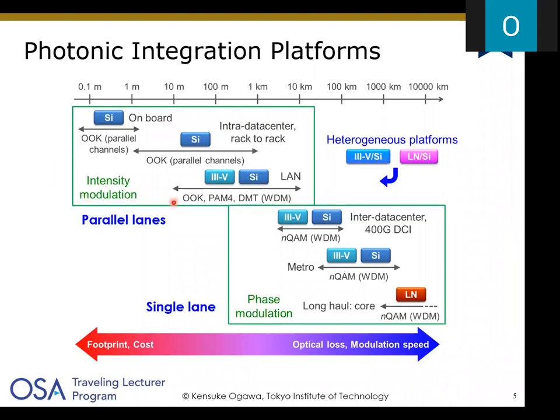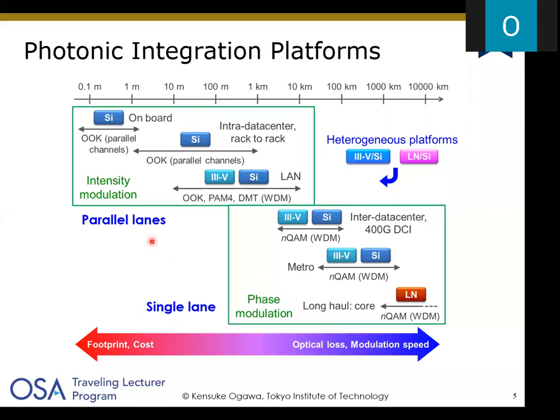Intensity modulation is simpler, and in a shorter reach, in particular on-board or data center applications, intensity modulation is preferred with parallel lane transmission. In a longer reach, a single lane in optical fiber is preferred because of the limited availability of optical fibers over a longer distance, such as 1,000 or 10,000 kilometers and more.